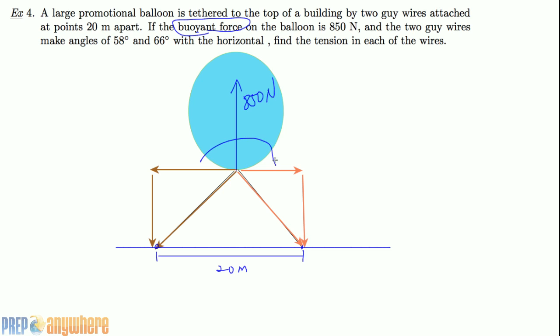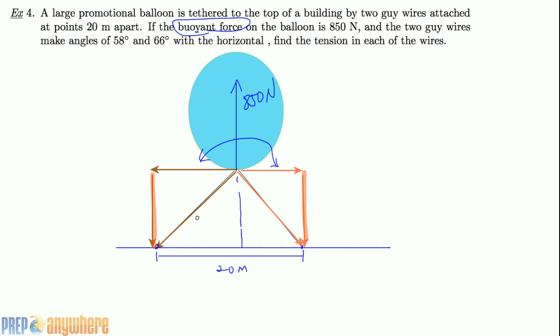These two must cancel each other out. Agreed? Those two must cancel each other out. And see the force of this. So this vector here, do you see that this one plus this one must add up to 850, so that it doesn't get lifted up.